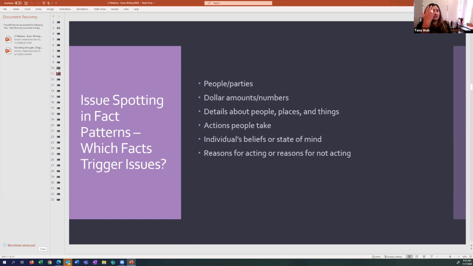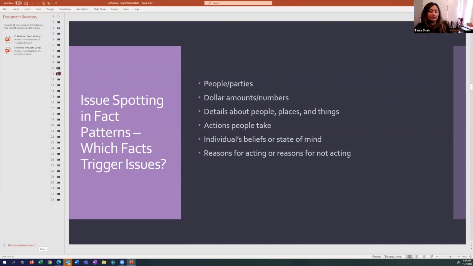A great example is, in torts, was there a duty to act? Or a duty to not act, or is not acting somehow breaching a duty, the failure to act? Or in evidence, is silence considered an admission? In criminal law, all those things, these particular parts in a fact pattern are really going to help trigger you.